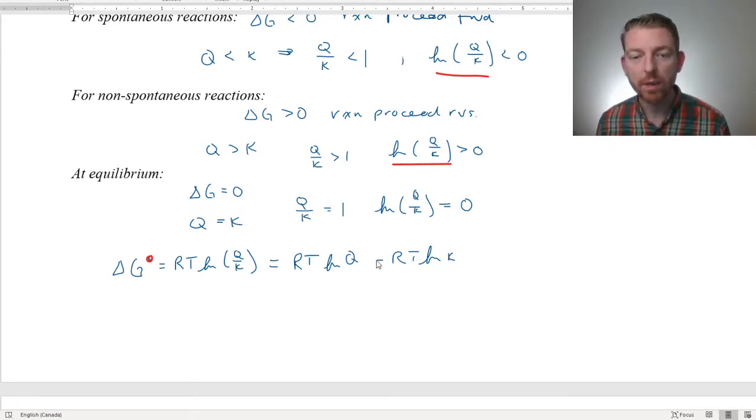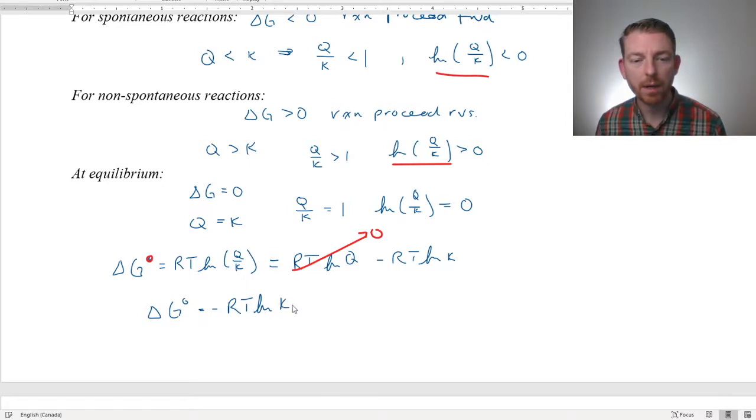So Q is now going to just be 1 over 1. This whole thing goes to 0. And the only thing we're left with under our standard conditions is that delta G standard equals negative RT ln of K, which is our equilibrium constant.